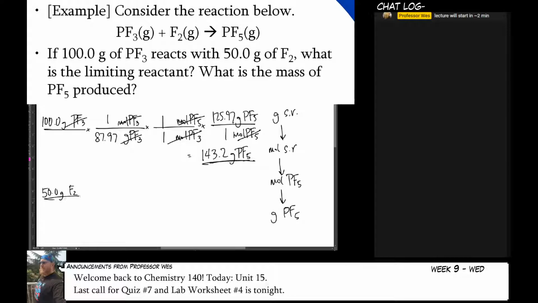Well, let's look at fluorine here. So fluorine, we're going to turn grams into moles. We'll turn moles of fluorine into moles of PF5.